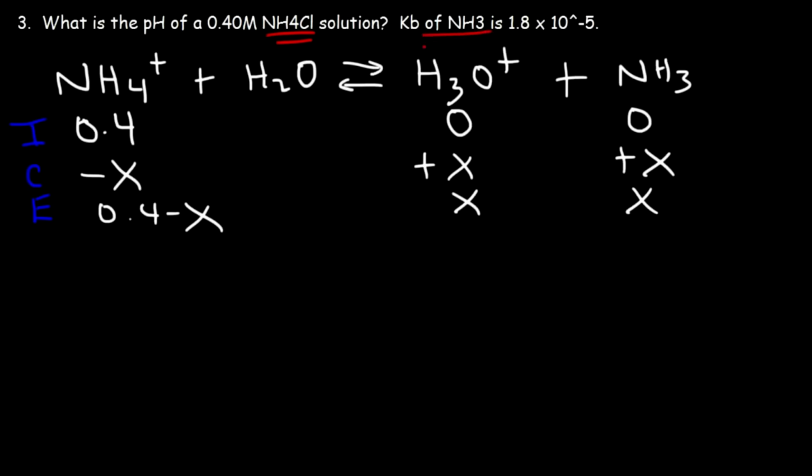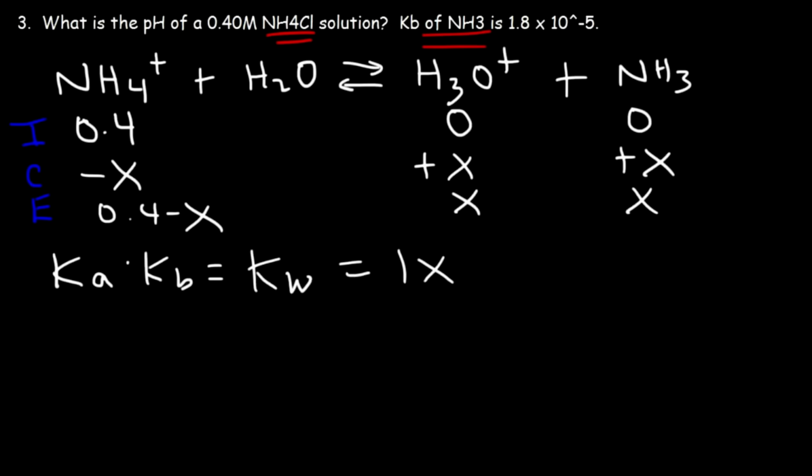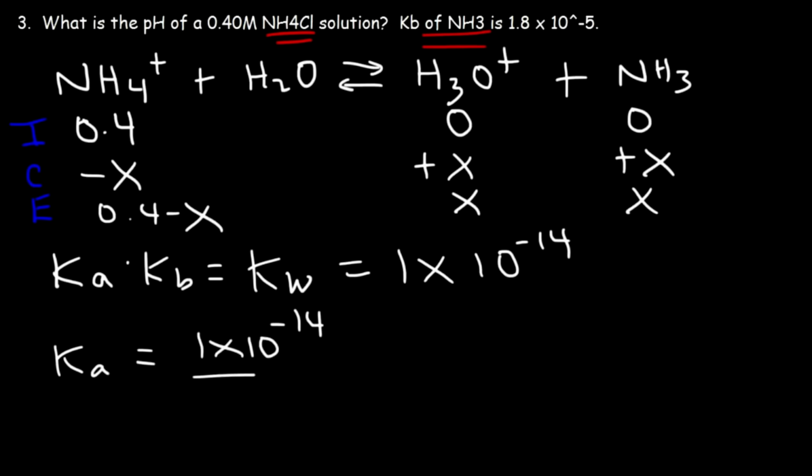we're given Kb. So how can we find Ka from Kb? Ka times Kb is equal to Kw, which is the auto-ionization constant of water, and that's equal to 1 times 10 to the negative 14. So therefore Ka is basically equal to that number divided by Kb.